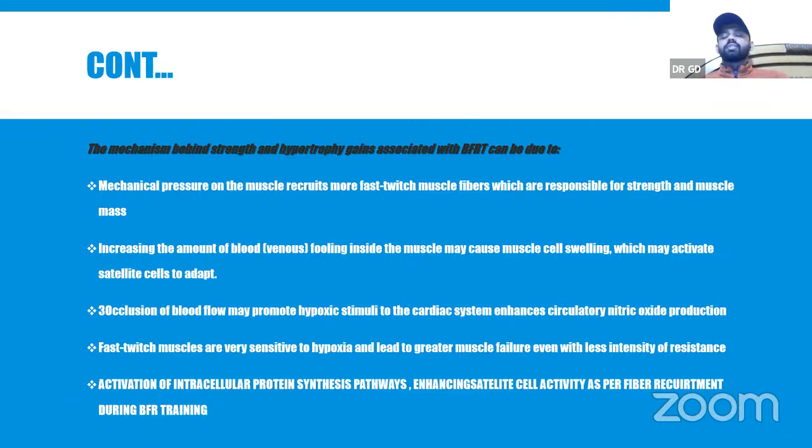This fast twitch fatigable fiber is very sensitive towards lactic acid. If you are already reducing the blood flow to the muscle during exercise, the reduction in blood flow causes a lot of lactic acid accumulation. So the white muscle fibers are very sensitive. When you reduce the blood flow to them, they break down quicker.